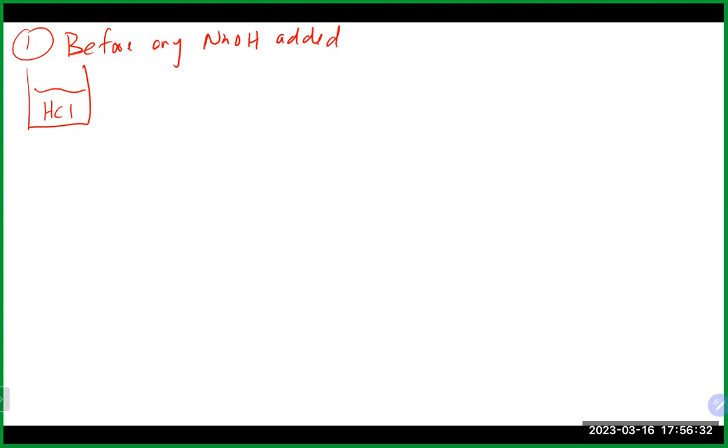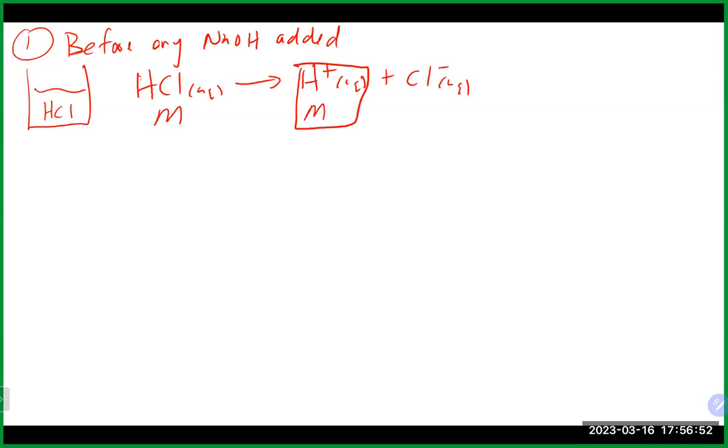HCl is what type of acid? It is a strong acid, which means it is going to 100% break apart into H plus and Cl minus, which means if I know the molarity of my hydrochloric acid, I then should know the molarity of my H plus.